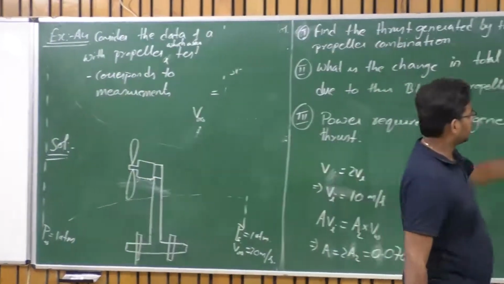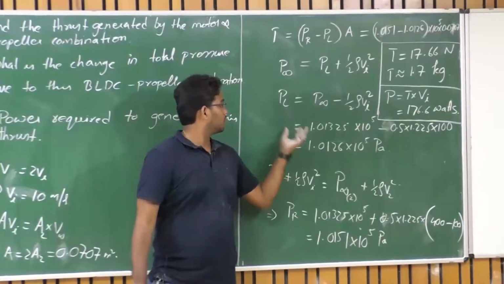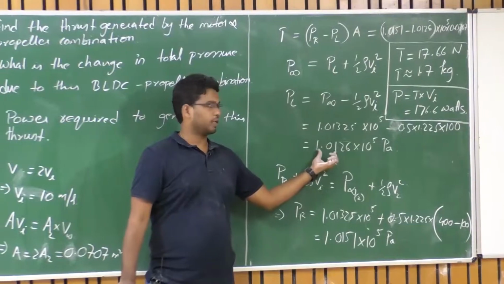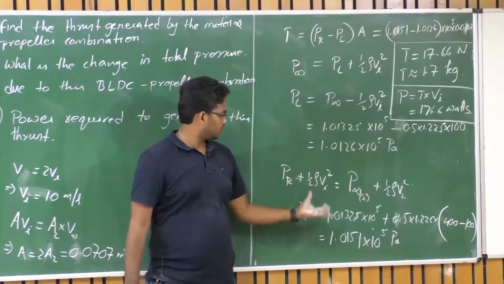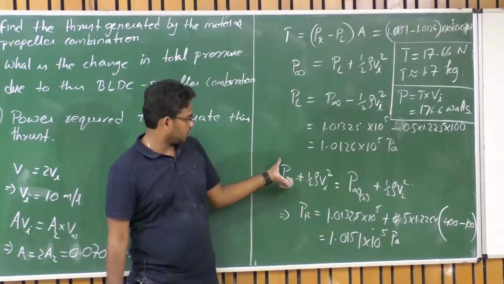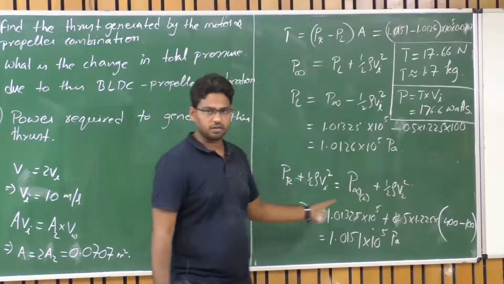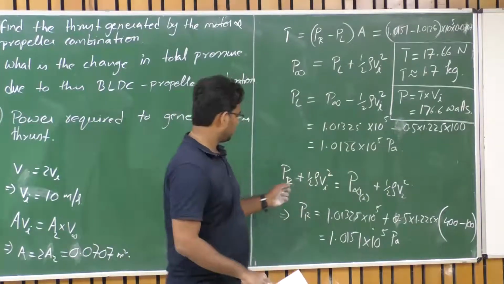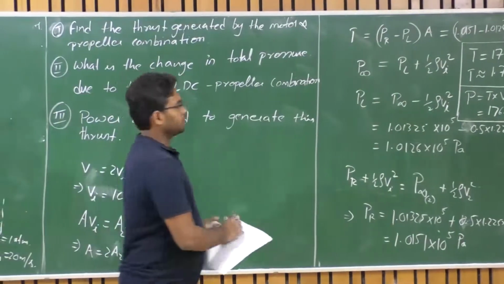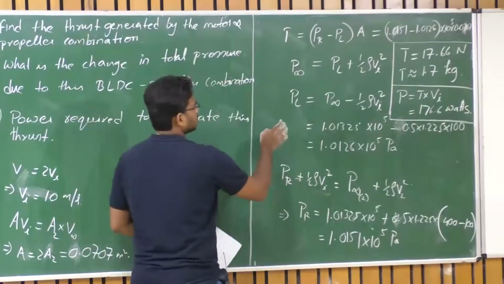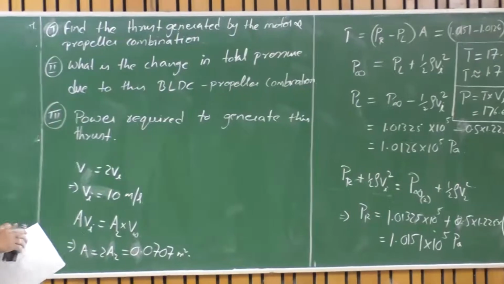You can see that the pressure on the left side has dropped below the atmospheric pressure, isn't it? It's P infinity minus this particular quantity, and P on the right side is P infinity plus the increase in the velocity term. So this particular quantity is the total pressure on the right side, and P infinity is nothing but 1 atmosphere, which is the total pressure on the left side, right?